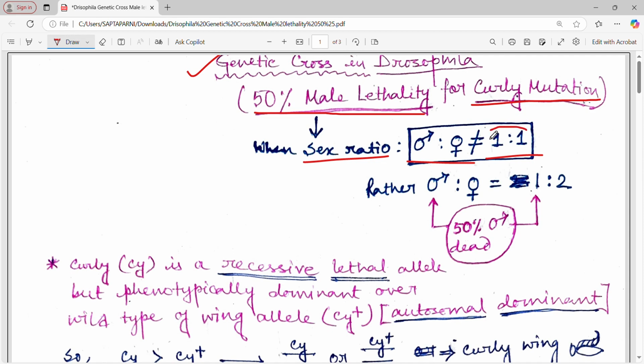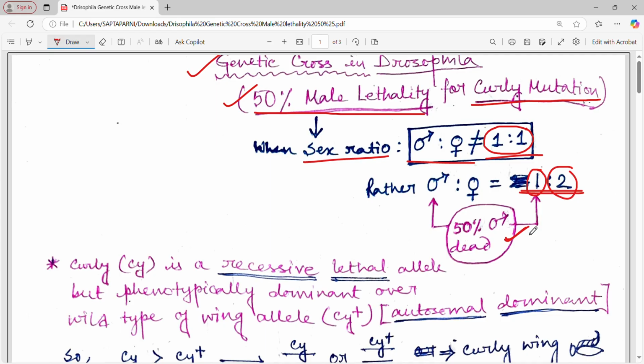The ratio will not remain 1:1. For example, in case of 50% male lethality, the ratio becomes 1:2, where you can easily see that for one male there are 2 females. That means 50% of males have died.